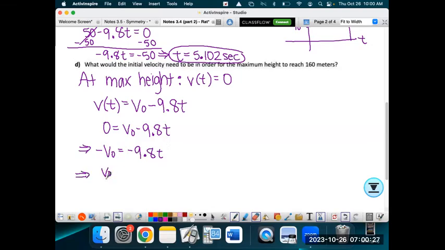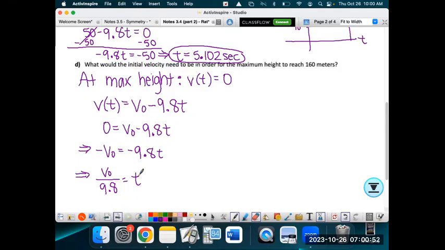We get v sub 0 divided by 9.8 equals t. So the time that it takes me to get to my maximum height is a ratio of my initial velocity and the gravitational pull. I'm going to take that generic time that it takes me to get to my maximum height and put that into my position function.